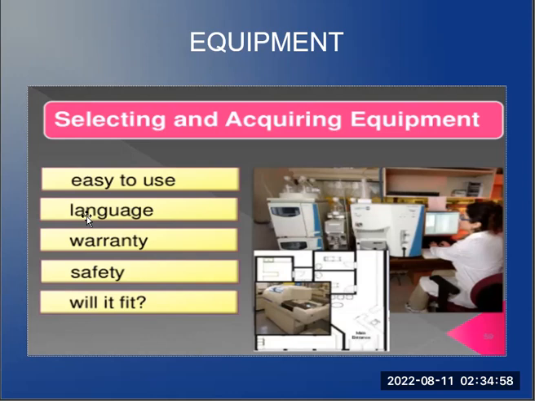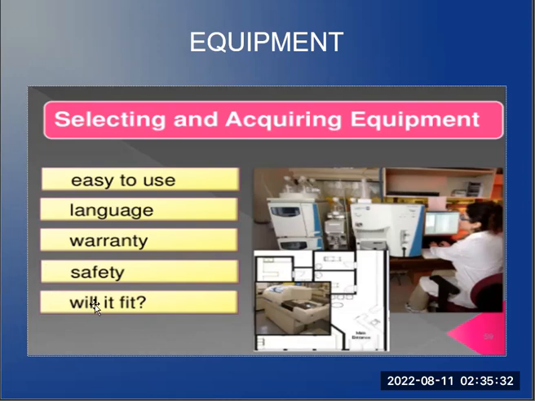The manufacturer or the engineer will configure the language to our language or English. Then next is warranty. The warranty should come together with the equipment upon arrival, and it should state how many years.